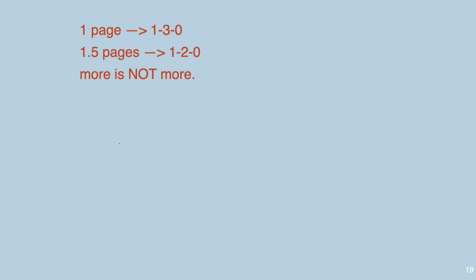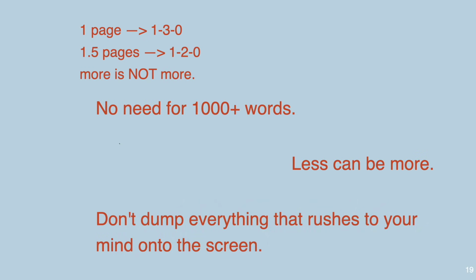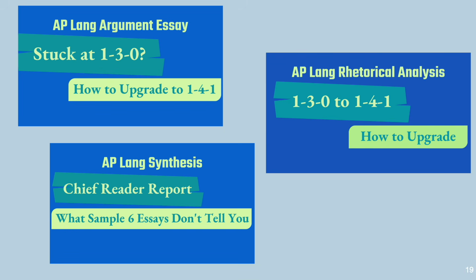Most of my students who've scored a 5 on the test write about 600 to 700 words. Less can be more. Don't dump everything that rushes to your mind on the screen. The key is understanding why AP readers give you points and why points get knocked off. Check these 3 videos to understand what AP readers are looking for.